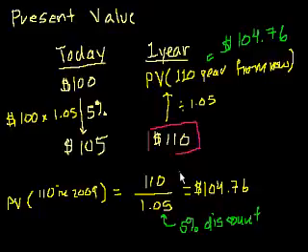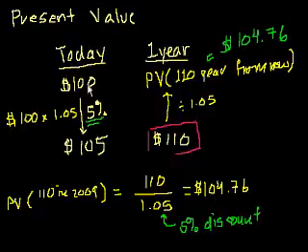This tells us, assuming this 5%, remember this is a critical assumption, that if I tell you I'm willing to pay you $110 a year from now, and you could get 5%, so you could say that 5% is your discount rate, risk-free, then you should be willing to take today's money if today I'm willing to give you more than the present value.